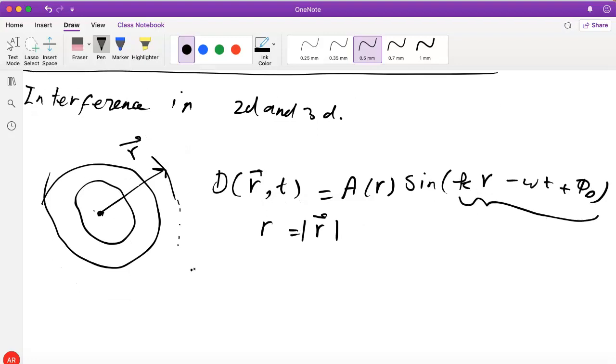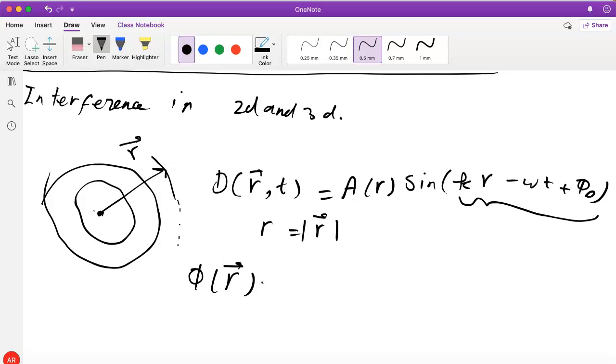So now this is our general phase, right? So the phase at a given position, which is described by some vector, right? If it's a 2-dimensional system, R has X and Y components. If it's a three-dimensional space, R has X, Y, and Z components.